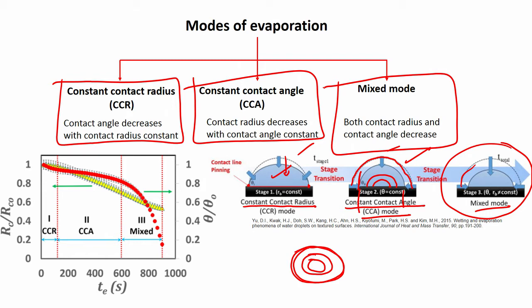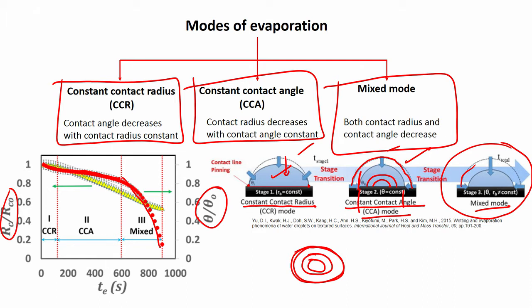So, if you plot, for example, the contact angle and the contact radius normalized by their initial values, you will find that this is the region where it is more or less in a constant contact radius mode. This is the region where it is more or less in a constant contact angle mode, and this is the region where it actually shows a mixed mode.